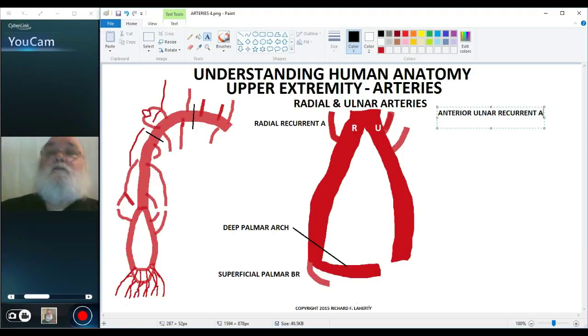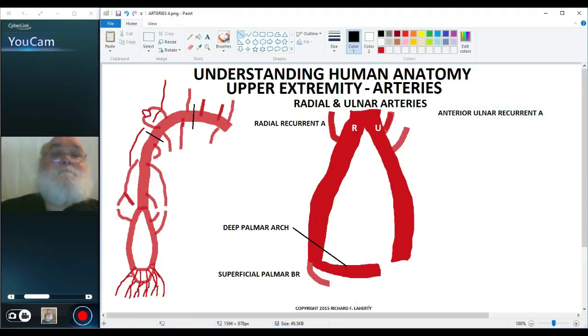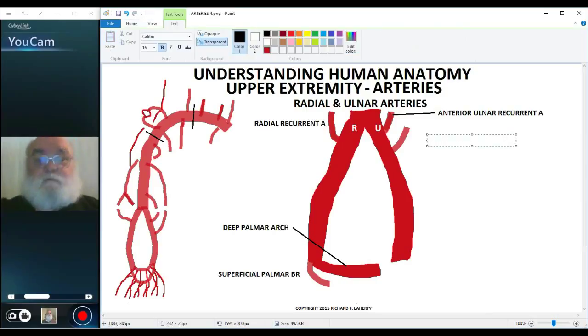Let me draw a line to it. And then we have the posterior ulnar recurrent.